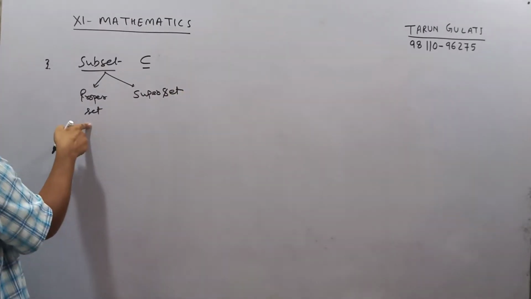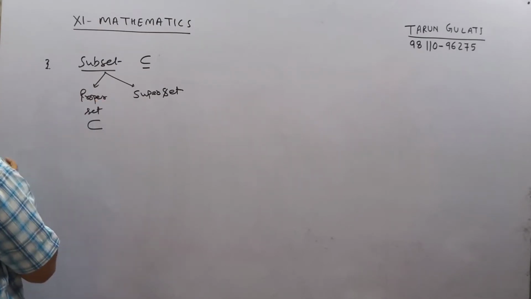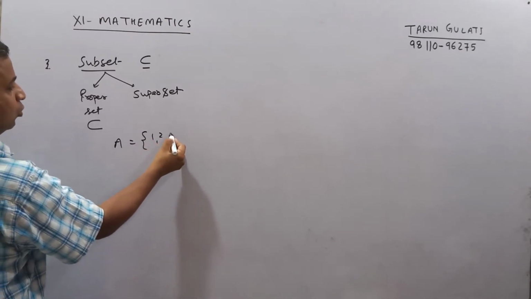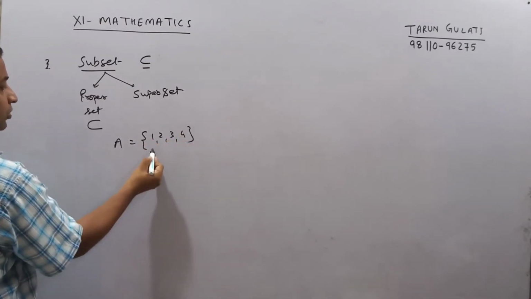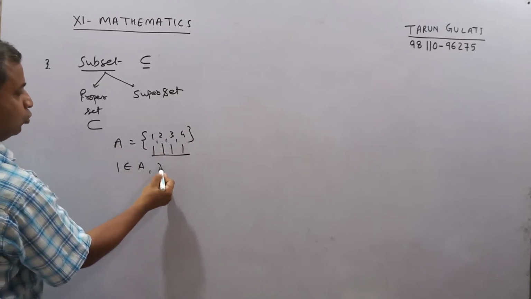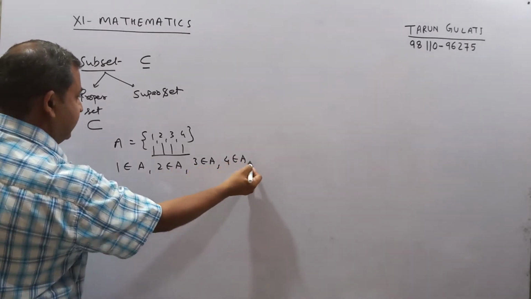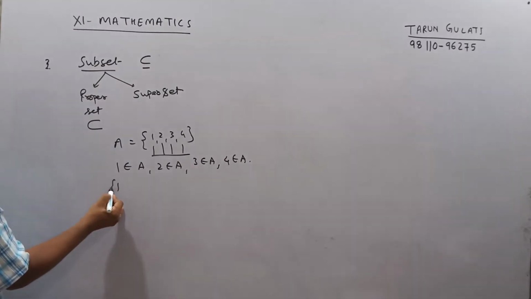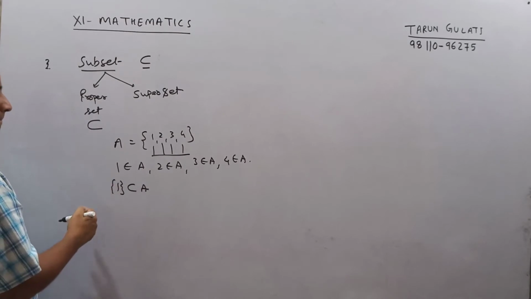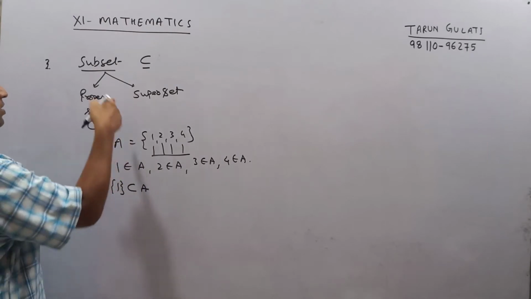What do you mean by proper set? What do you mean by superset? Proper set is just like this. For example, we have a set A. Its elements are 1, 2, 3, 4. So these are known as elements. Say 1 belongs to A, 2 belongs to A, 3 belongs to A, 4 belongs to set A. Putting 1 in a curly bracket, it becomes a subset of A. On putting this curly bracket, it becomes a set, so now it becomes a subset.